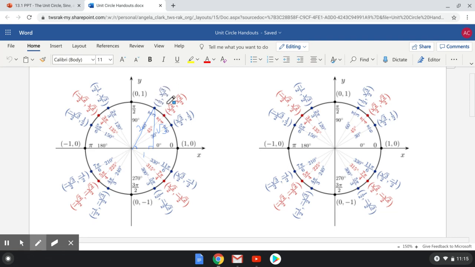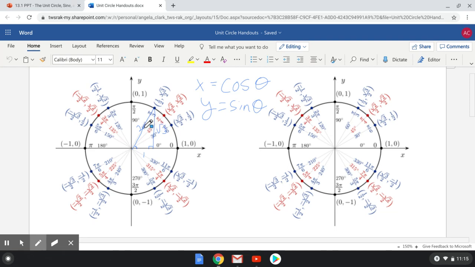And what these numbers really are, this is the cosine of this angle, and this is the sine of this angle. So in the unit circle, we always have an angle, and x is always going to be the cosine of that angle, and y is always going to be the sine of that angle.